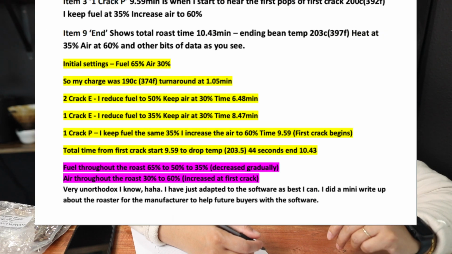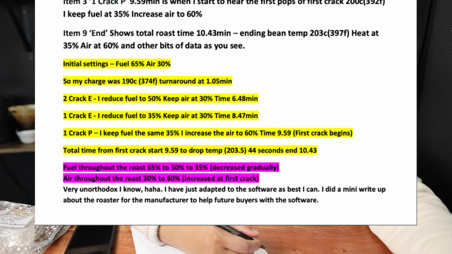So again, to round everything up: initial settings, fuel at 65%, air at 30%. Charge was 374, turnaround at 1 minute 5. These markers at 2 crack and 1 crack are just markers for you to signal to yourself that you're on track, right? You're on the right track.